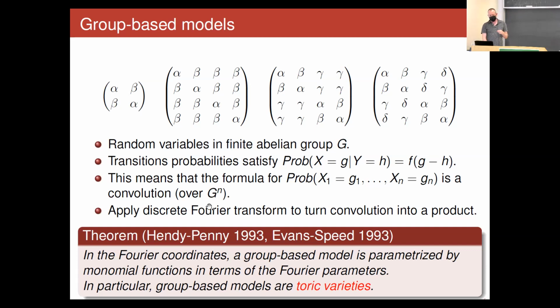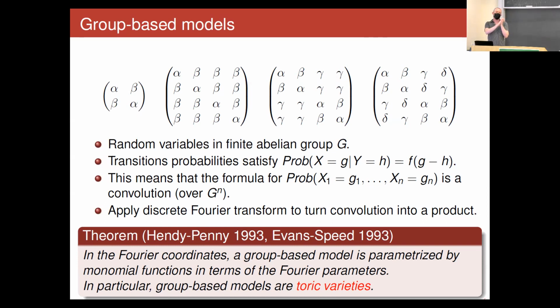This was noticed by some statisticians who were studying this problem, and then when Bernd Sturmfels and I were looking at this, we translated that to say, well, after you take the Fourier transform of a convolution, you just get a product of the Fourier transforms.